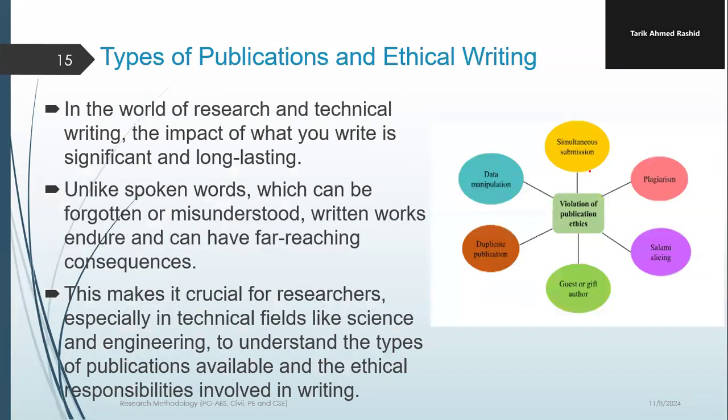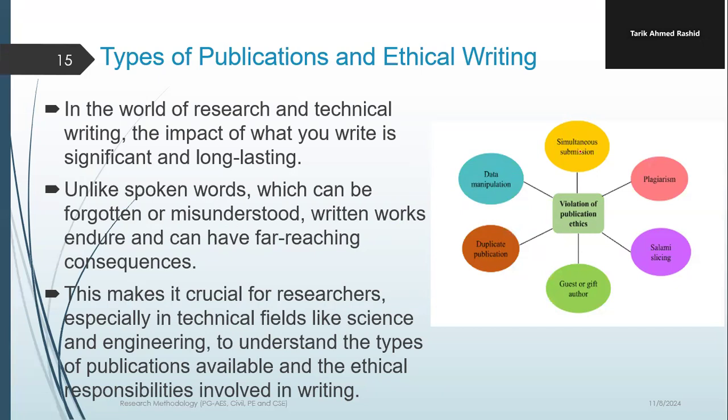Now, there are also some types of ethical problems: data manipulation, where you play with the data, fake the data, or manipulate the data; or duplicate publication, recycling work, which is not allowed. Sometimes you add guest or gift authors who are not contributing adequately to the research work, so stay away from this.